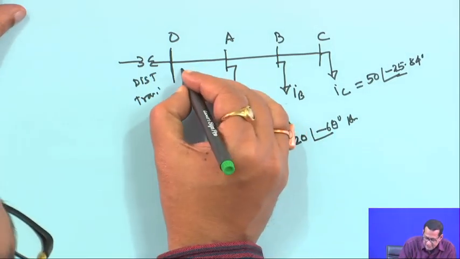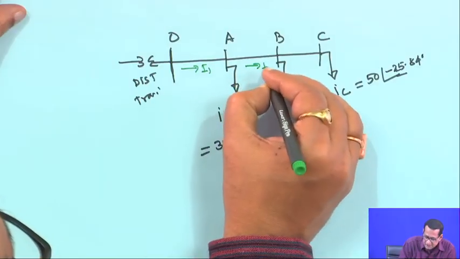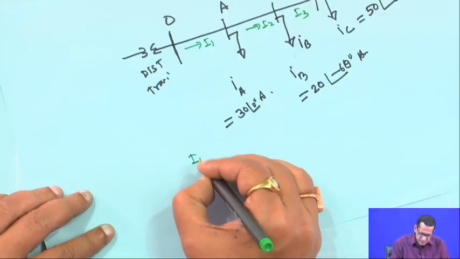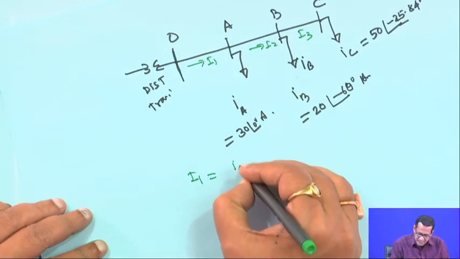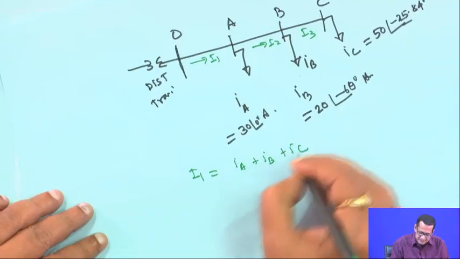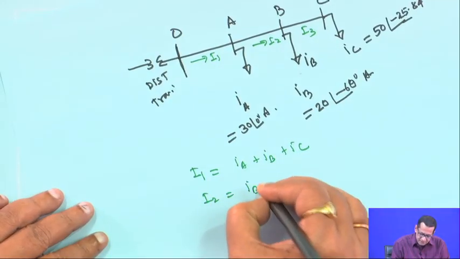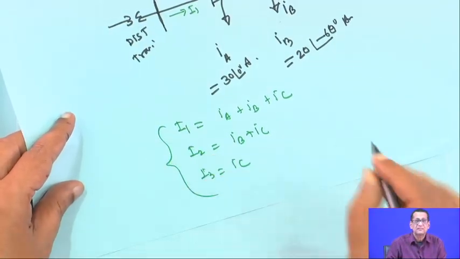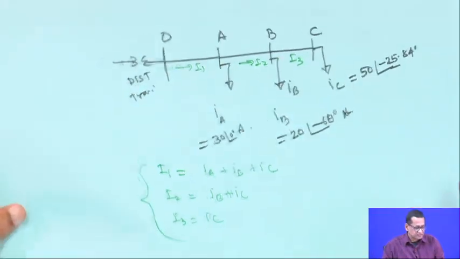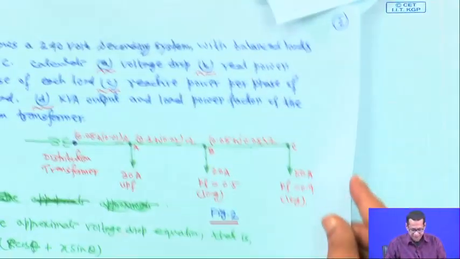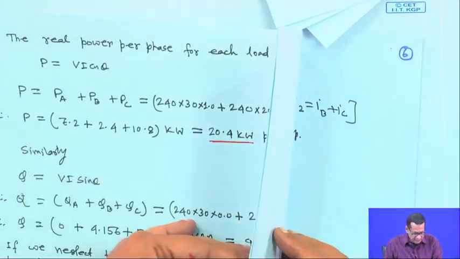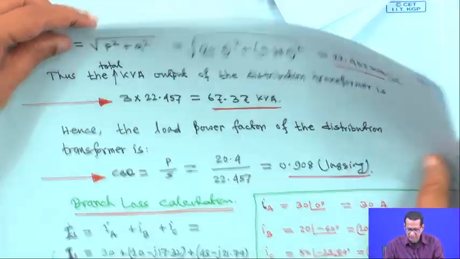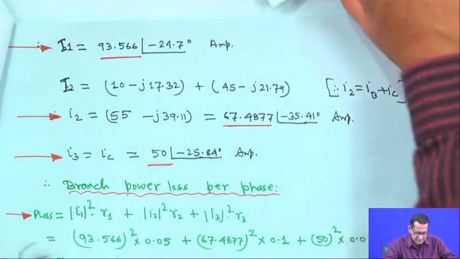So, the current flowing through here is I1, this is I2 and this is I3, right. That means, just now we have seen I1 is equal to IA plus IB plus IC, I2 is equal to IB plus IC and I3 is equal to IC, right. So, this is the thing whenever we are computing this one. I1, I2 all have been shown, and next this I2.